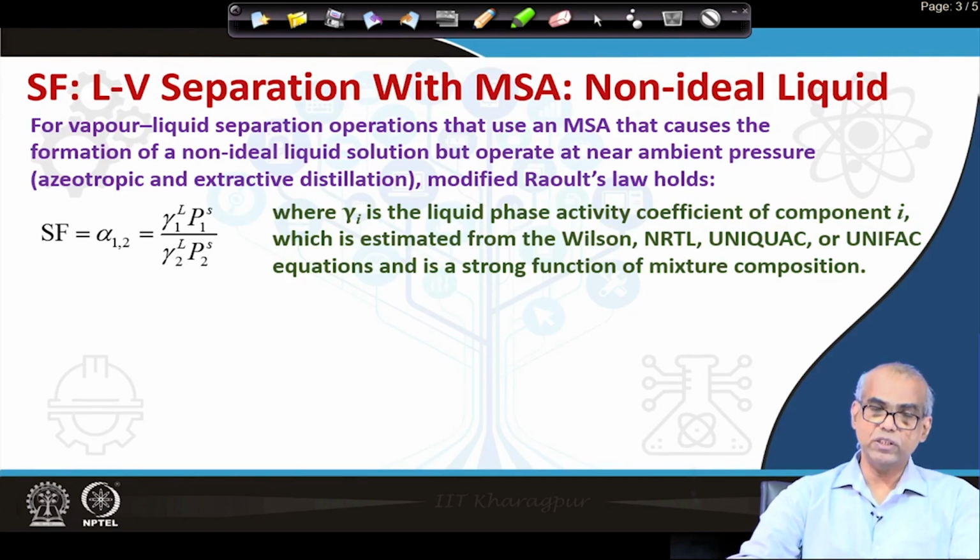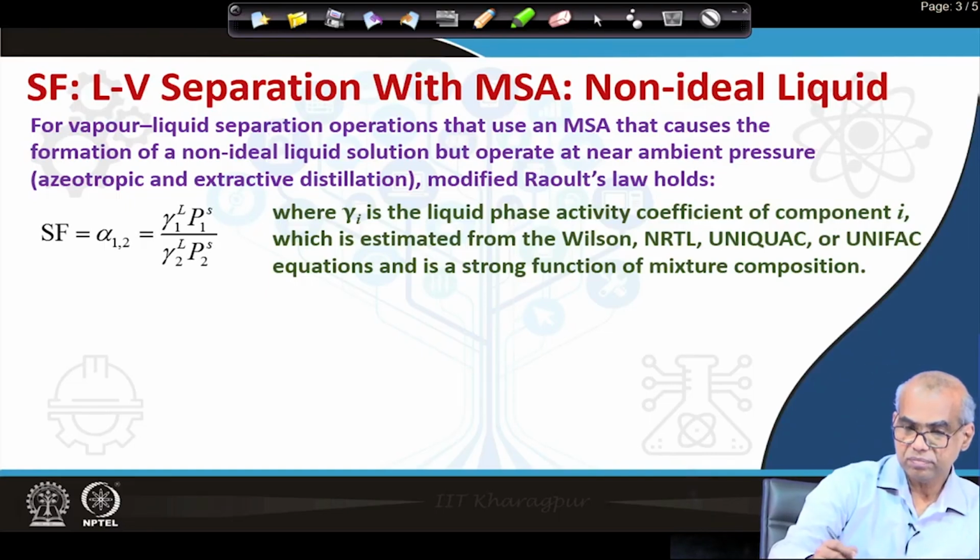For example, in case of azeotropic distillation or extractive distillation, we use mass separating agents. So, when use of mass separating agent causes the formation of non-ideal solutions, but we operate at near ambient pressures, we can apply modified Raoult's law, and then the separation factor given by relative volatility can be estimated by use of activity coefficients.